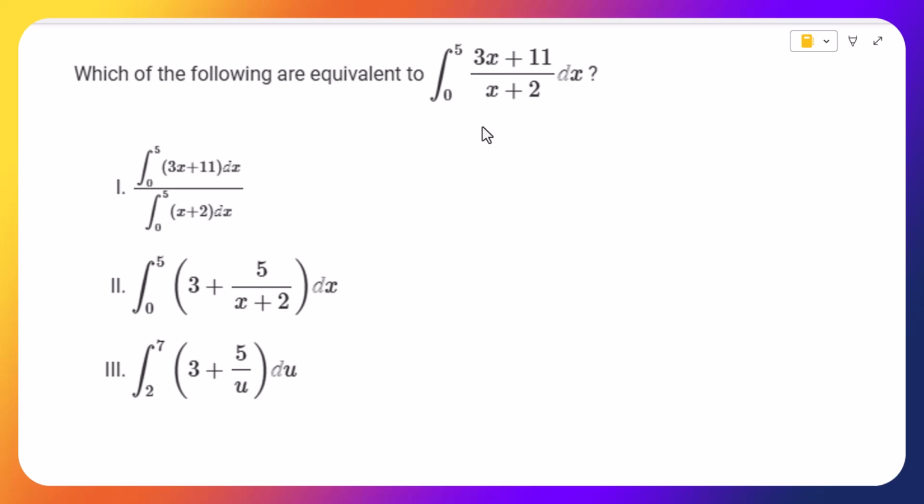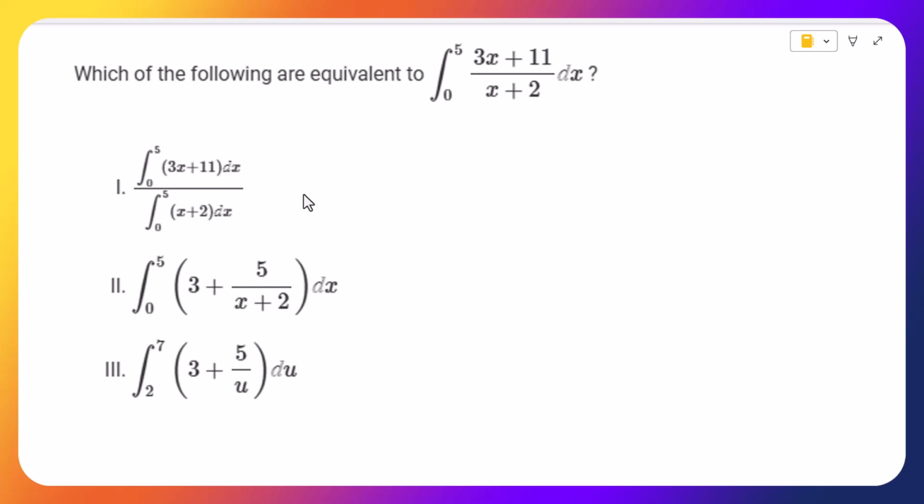Well, first off, do we have an integral property around division? If you go back to our integration as antiderivatives, did I give you any rule that says we can split an integral of a rational function into the integral of the numerator and the integral of the denominator?